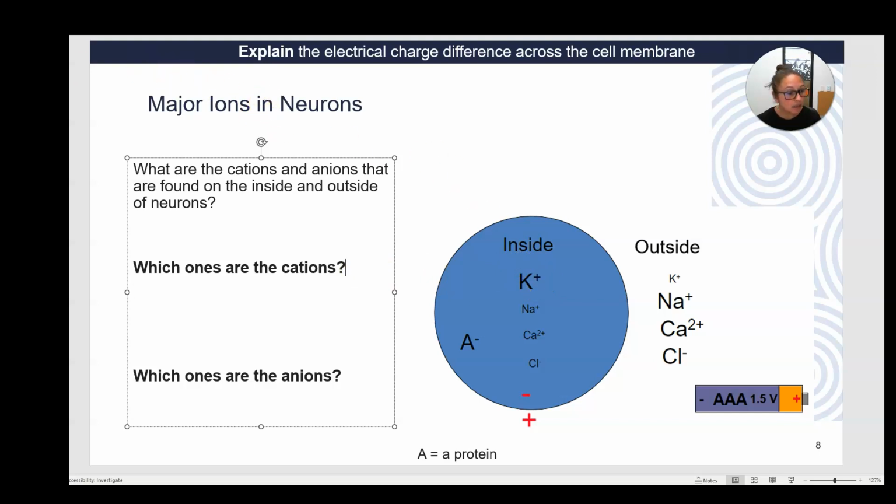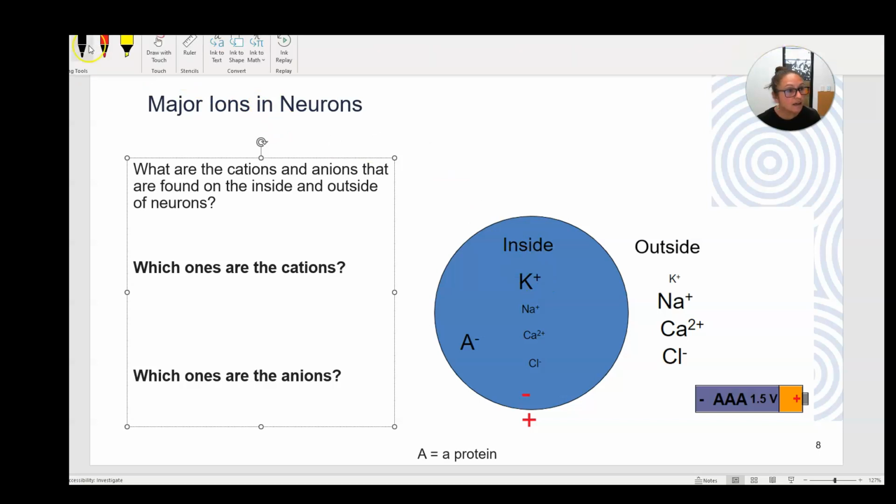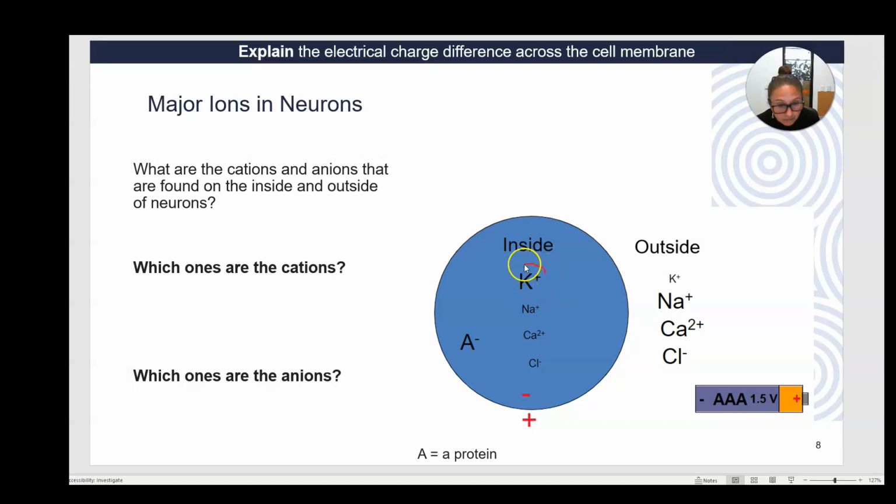So let me just get my drawing thing here. Let's draw a circle around the positive ions inside our neuron. That one's positive, that one's positive, that one's positive. What about the positive ions outside of our neuron?